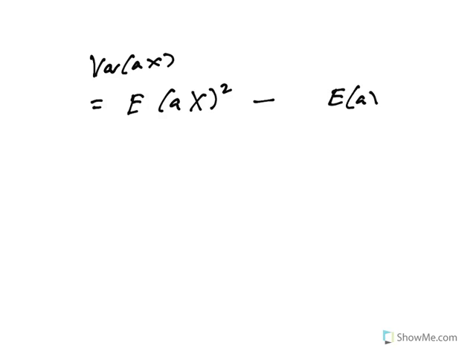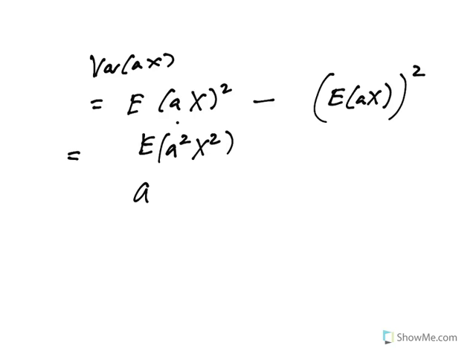Now variance of AX is E of (AX) square minus E of AX, whole thing squared. The first part is E of A square X square.